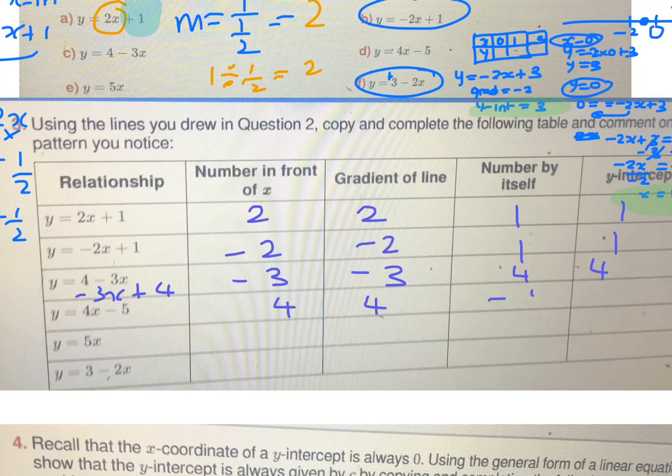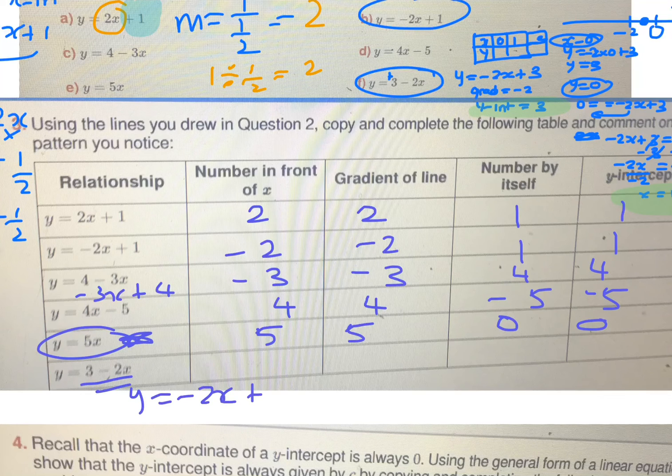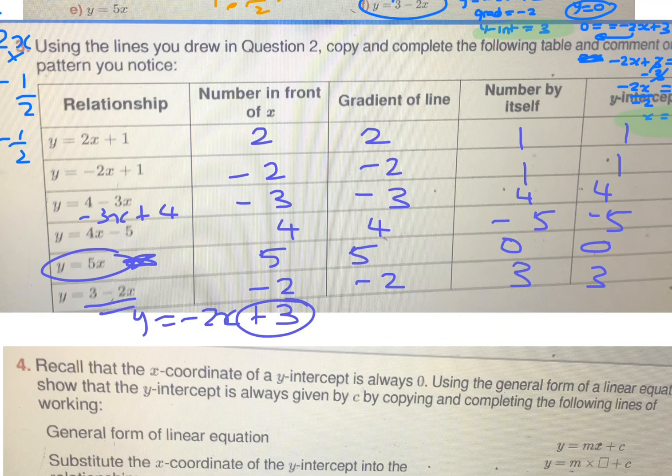For this one here, the gradient would be 5, because that's what's in front of the x. And there's nothing here, so that's 0. This one here, wrong way around, so it's minus 2x plus 3. Gradient's minus 2, y-intercept is 3.